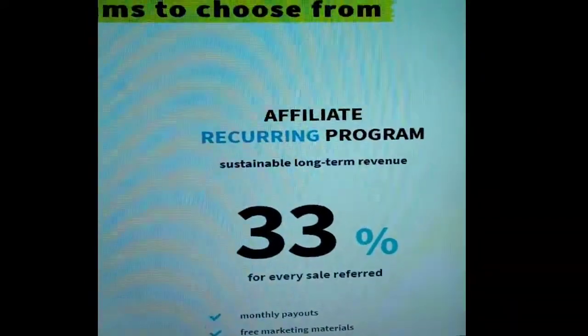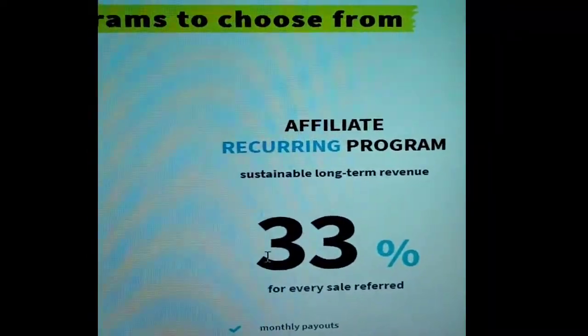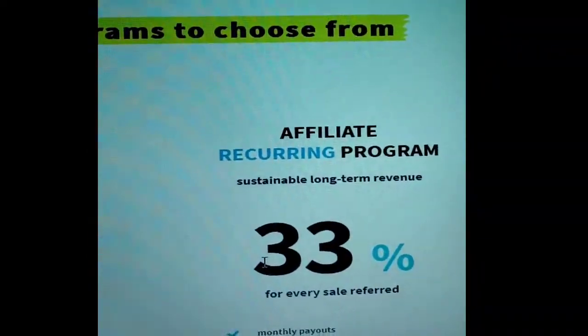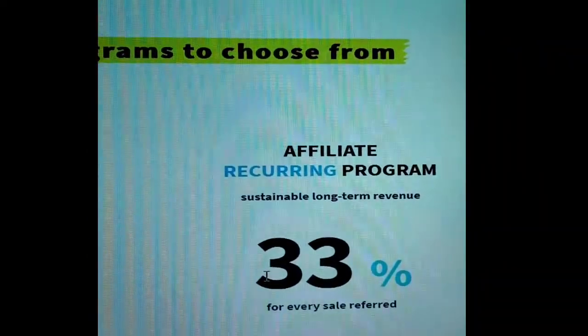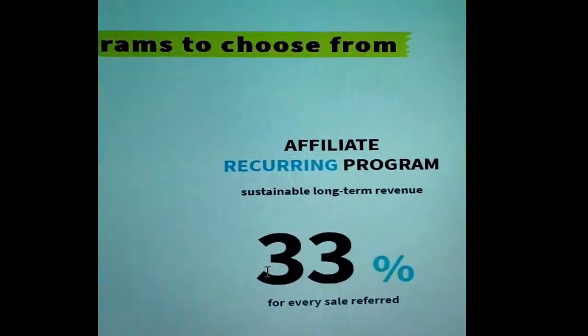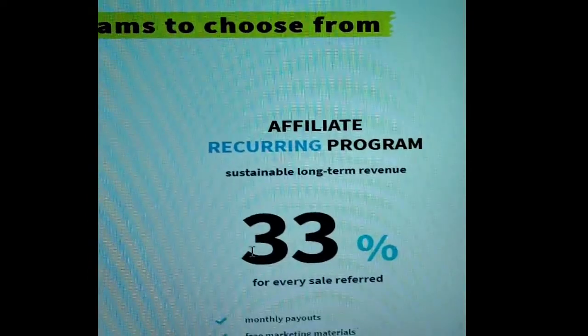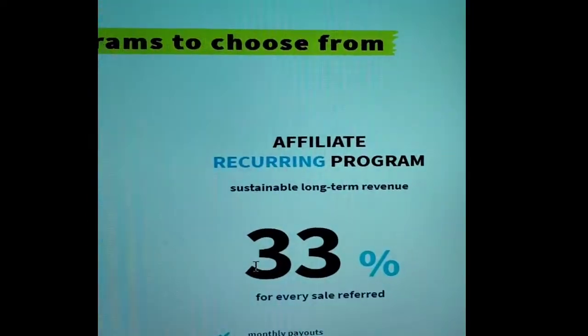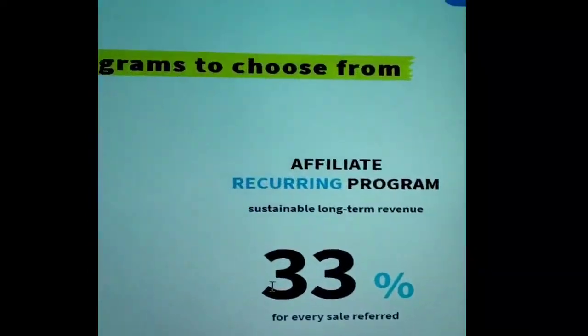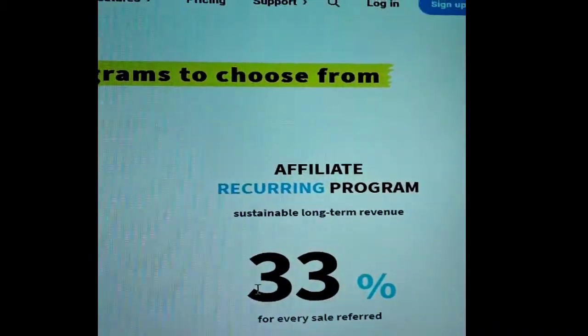But there is also the recurring program where you get paid 33% commission as long as the customer remains with the company. You have 33% commission for lifetime until he decides to close up the deal with the company.